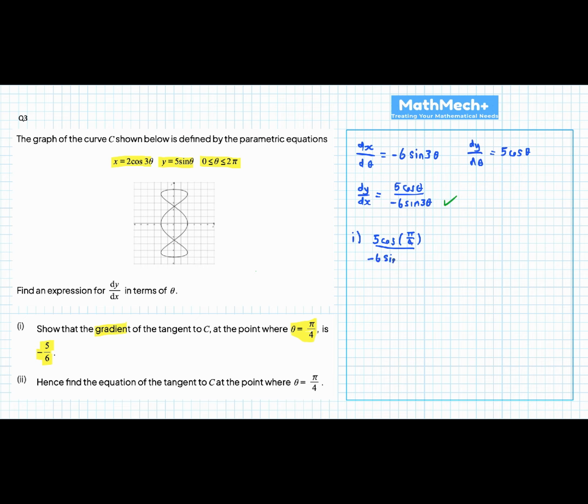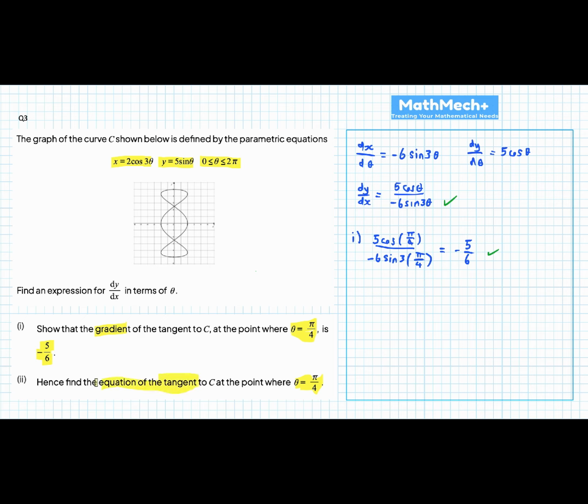So we put into our gradient function and replace the values of theta, and it should be a nice handy minus 5 over 6. In a sense, the calculator does the work for you there, but you probably should know those values by heart anyway, or look at them.